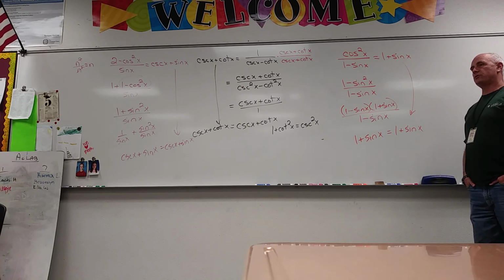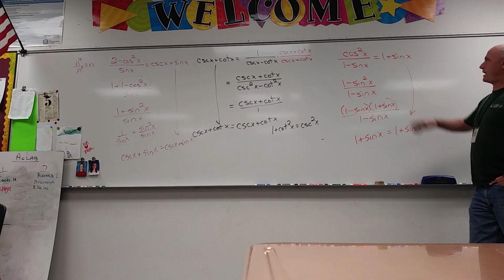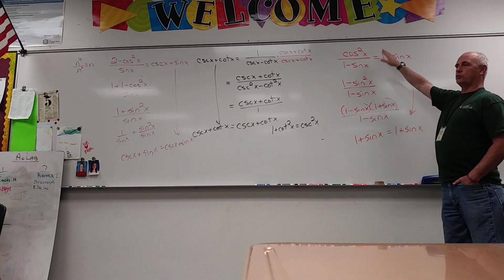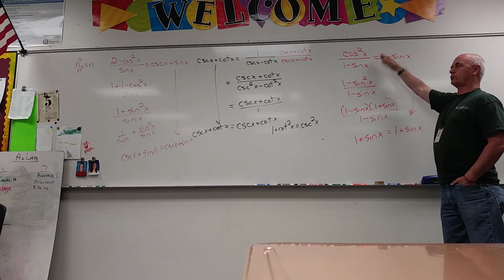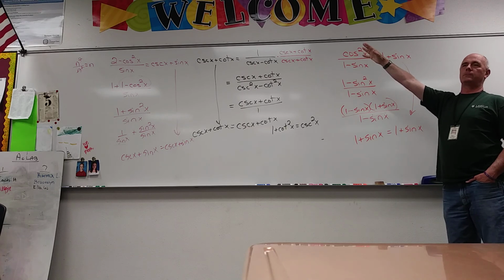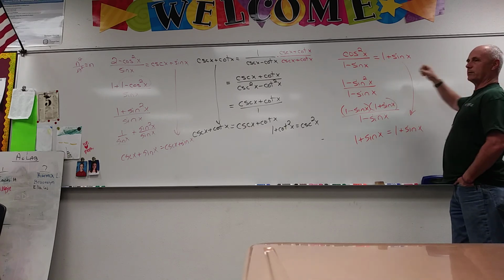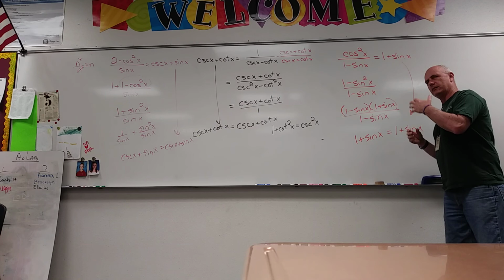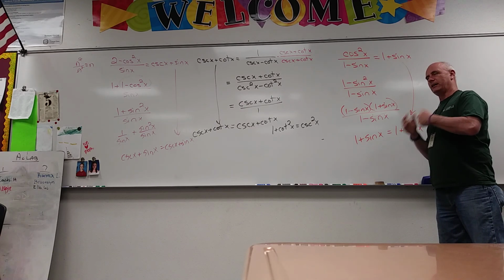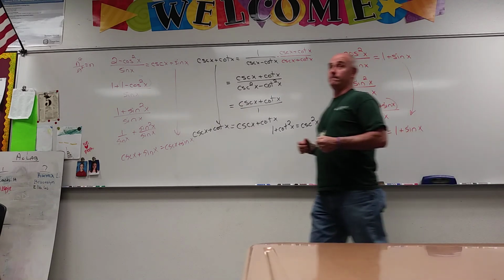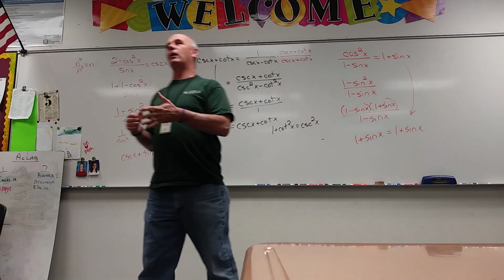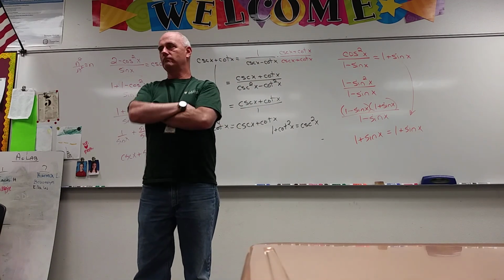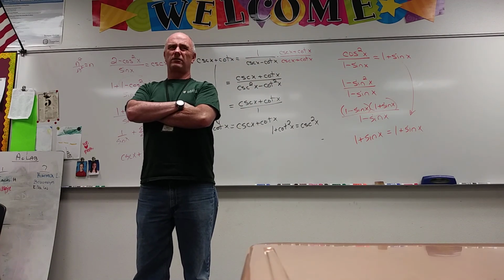We're not allowed to do the same thing to both sides, because we're trying to verify the identity. We're trying to verify the fact that they're equal. If we multiply both sides by something, we're using the property of equality, and we can't use a property of equality if we aren't sure yet that they're equal. Does that make sense?